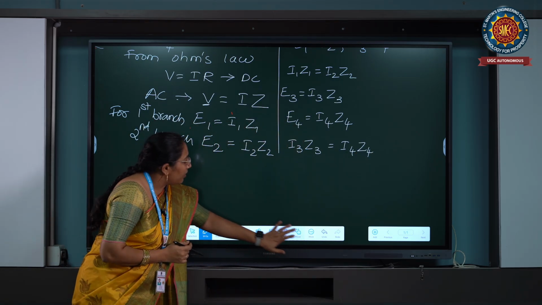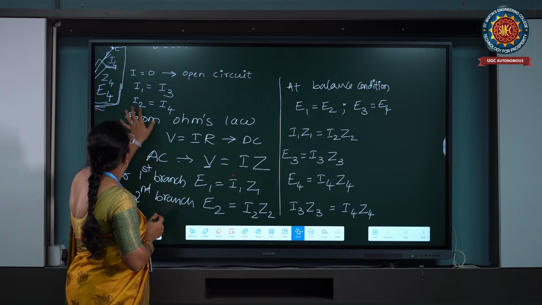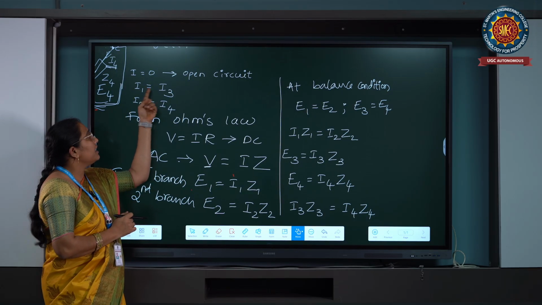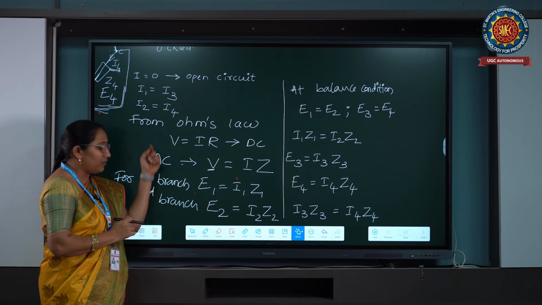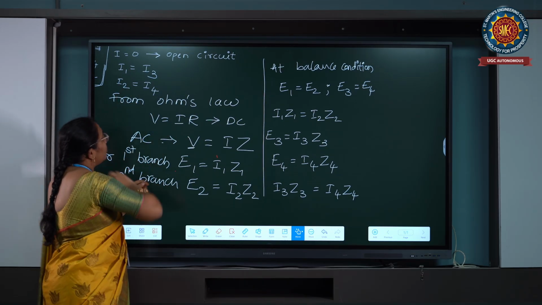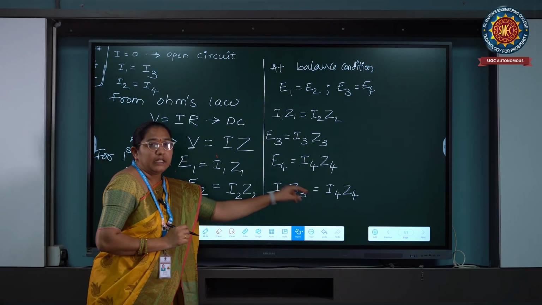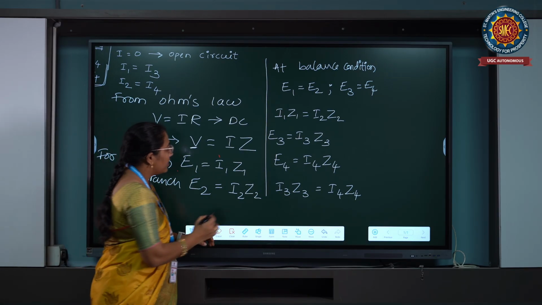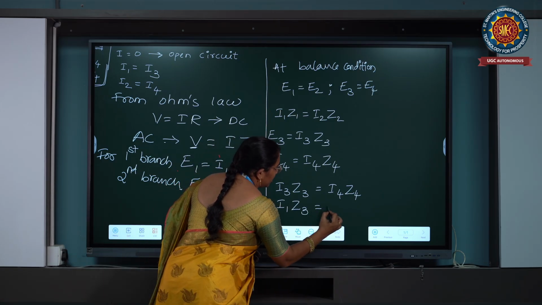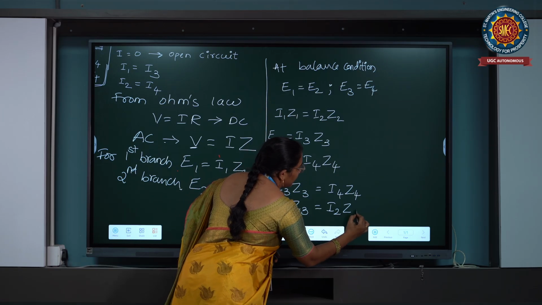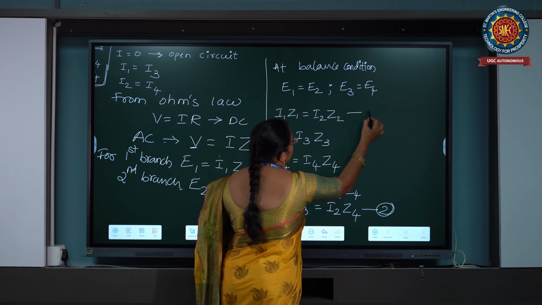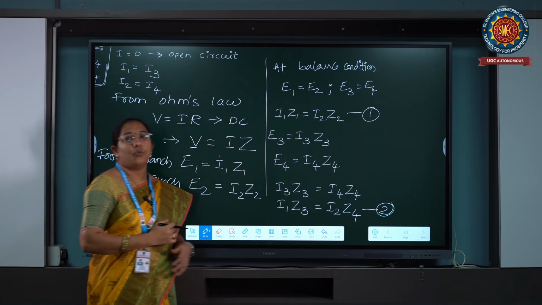Clear? See here at balance condition, what is the equation for currents? I1 equals to I3, I2 equals to I4. We know that value, right? So substitute these I1 and I2 values in this equation. Then we will get I1 Z3, that is equals to I2 Z4. This one is taken as equation 2 and this one is taken as equation 1.